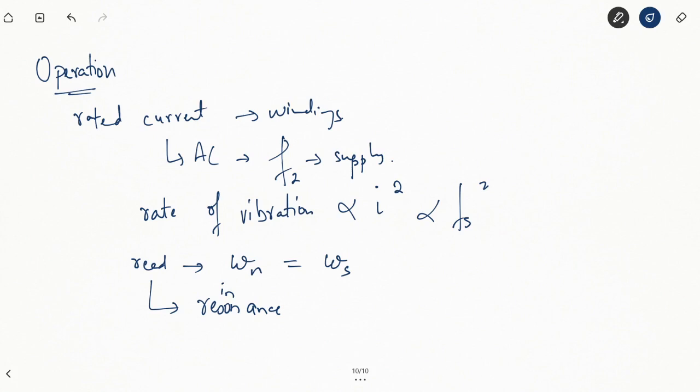Also, the force acting on the reeds is applied every half cycle. So all the reeds will tend to vibrate, but the reed whose natural frequency is equal to twice the frequency of supply, because we have f square here, will be in resonance and will be vibrating the most.